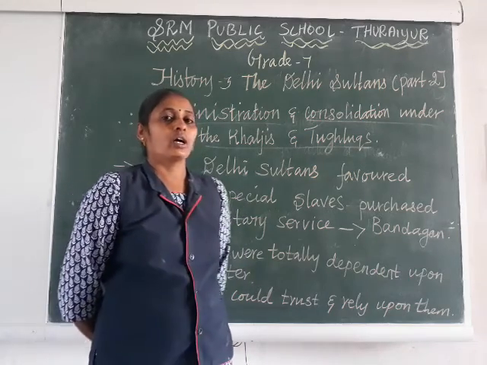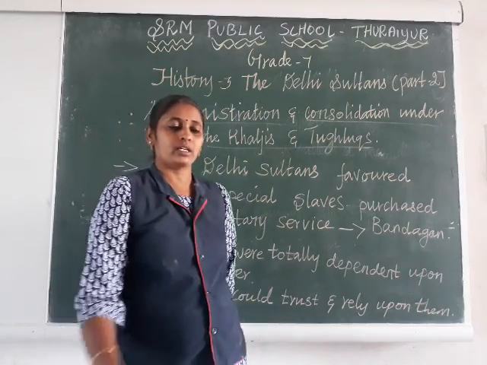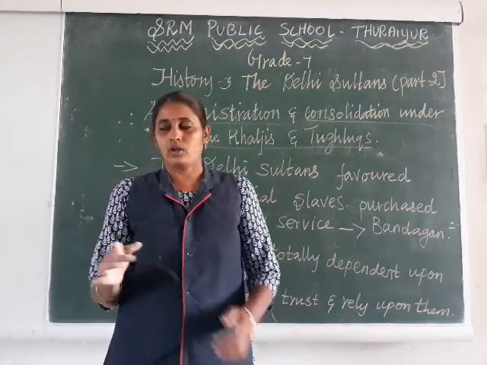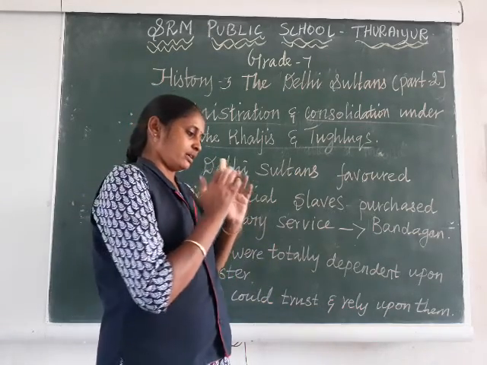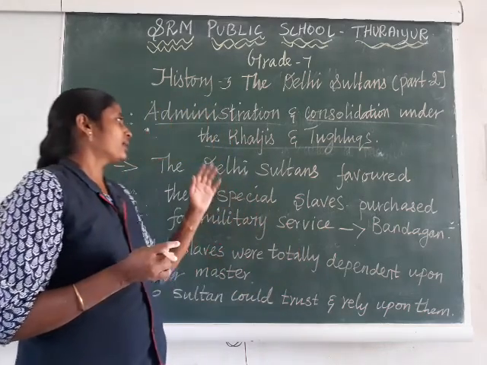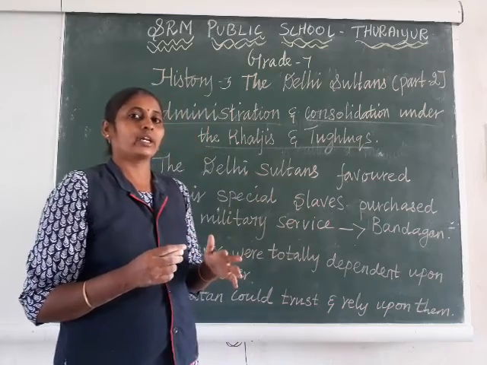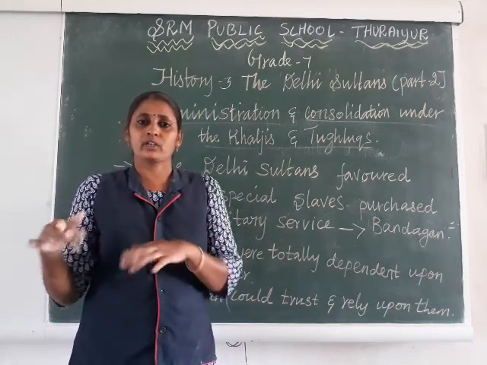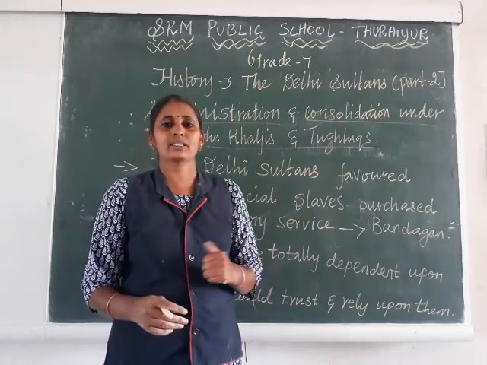The kings were not ready to appoint rich people as governors or to high positions. They did not trust rich people in those positions. Especially the Khilji and Tughlaq kings were not ready to give power to the higher class people.